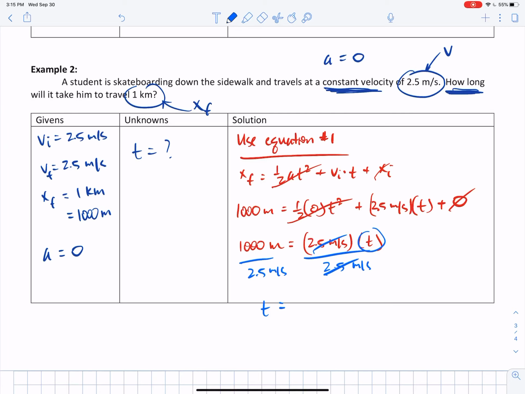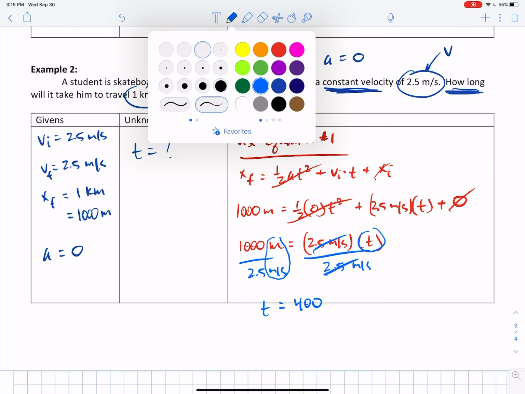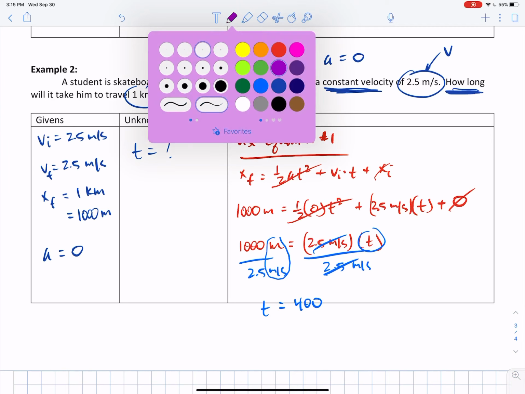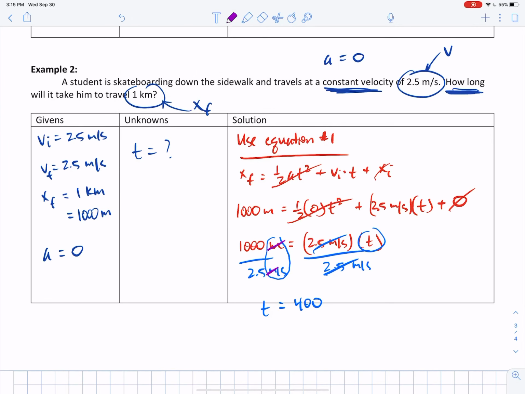So 1,000 divided by 2.5 is 400. And then what is meters divided by meters per second? Well, the meters are going to go away. And I'm going to get 1 over 1 over seconds, which is just seconds. So there's my final answer.